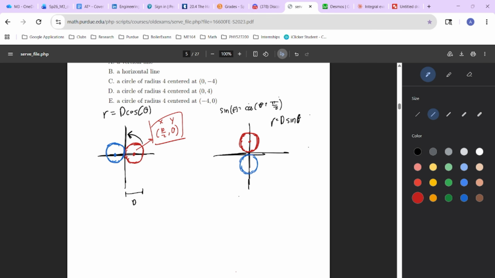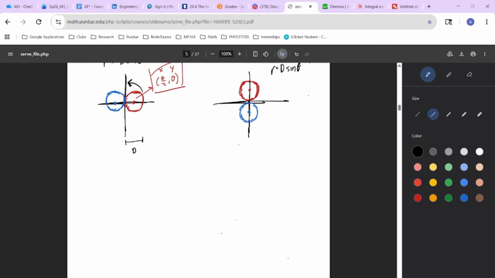So we can use these principles to end up solving this problem here. Our original equation of this problem is r is equal to negative 8 sine theta, which means that this circle would span outwards into the negative y direction below the x-axis, because d in this case is negative, so all your values are reversed.